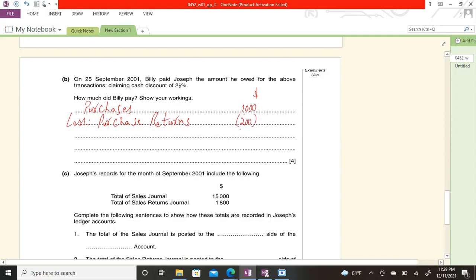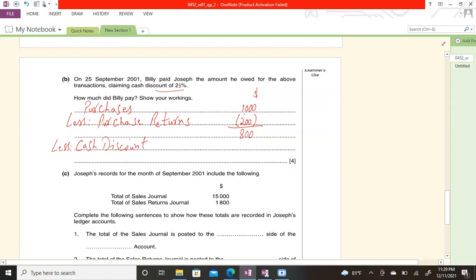I'm writing in brackets because in accounting for the negative sign we use brackets. $800, this is the remaining amount, less the cash discount, which is 2.5%.